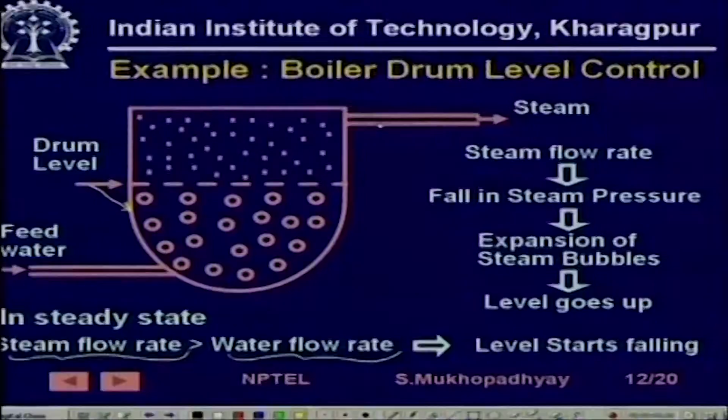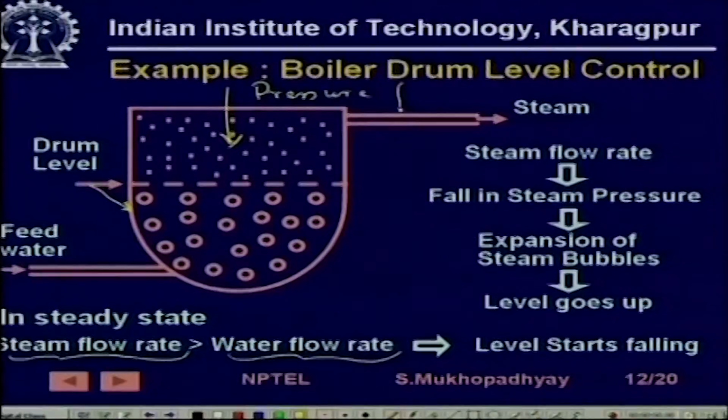In the short range, immediately when the steam flow rate is increased, there is a reduction in pressure. The pressure falls. Now, the crux of the matter is that this level is here, there are bubbles, these are steam bubbles.